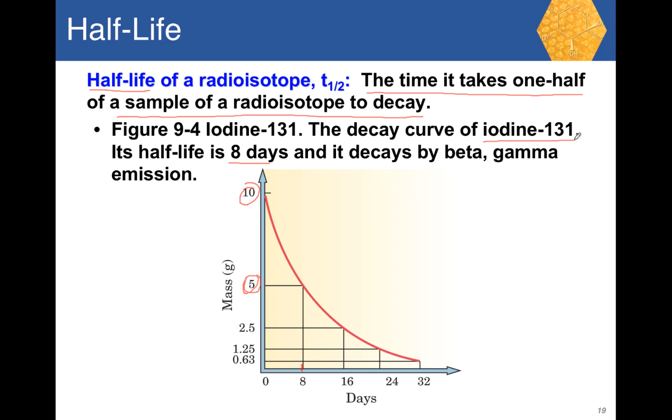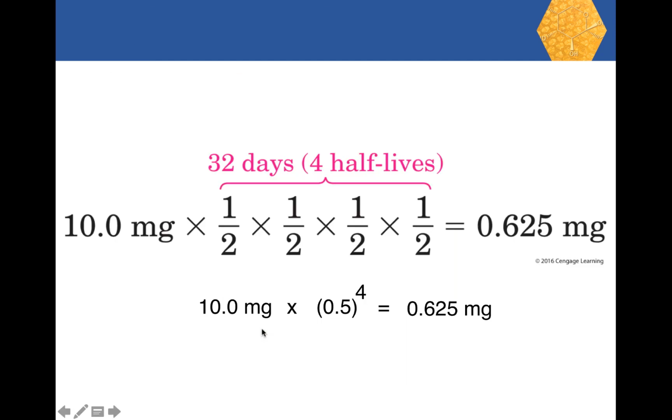After 8 days, if you have 10 grams of iodine 131, you will have 5 grams. After another 8 days you will have 2.5 grams. So that's the half-life.